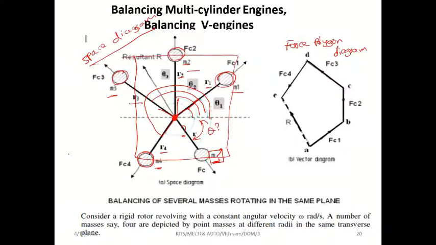So first you have to find the force value of the first mass: m1 r1 omega square, then f1, f2, all the force values. They have given four masses, so you have to find the force values of four masses. So we got the answer for four masses.